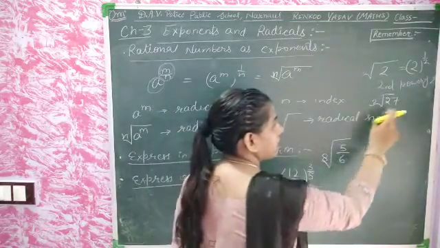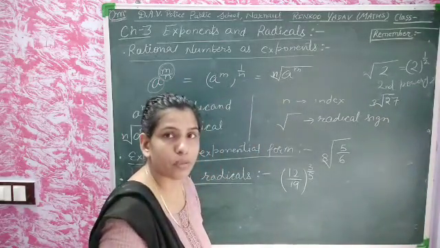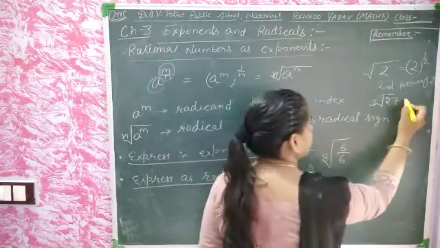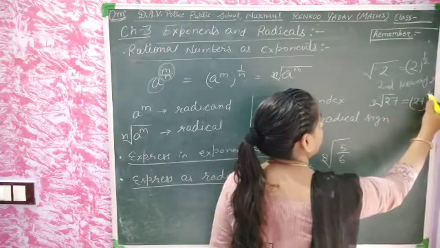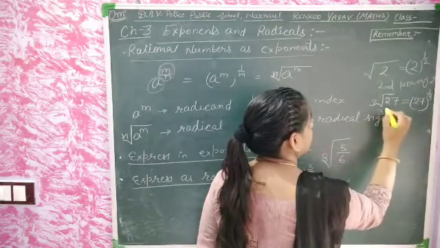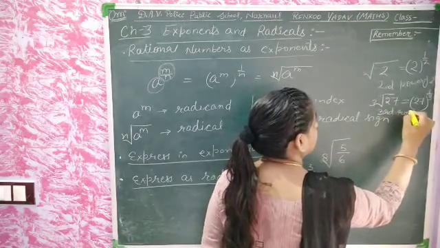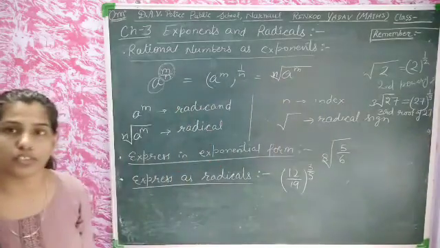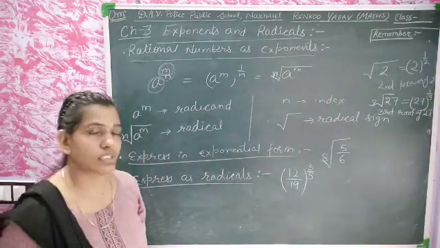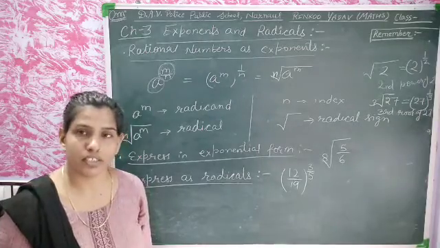So its sign is this. We have already known about this, and it is written as 27 to the power 1 by 3, which is the third root of 27. The third root of 27 is 3.